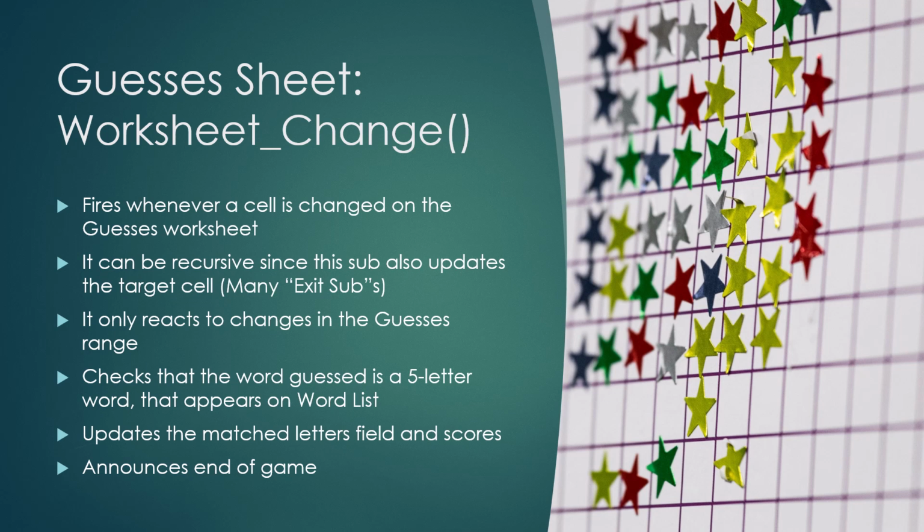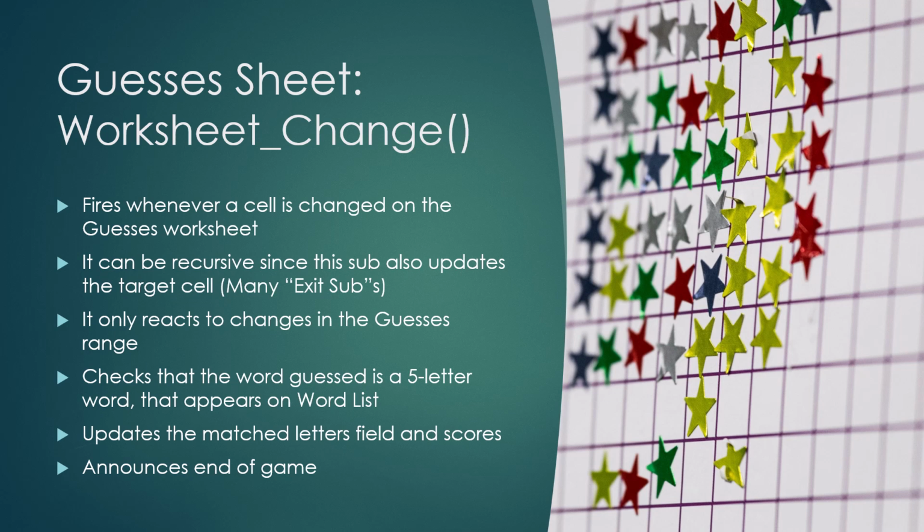So there's a lot of effort in making sure that the exit subs nested throughout this procedure are in the correct places so that when it calls itself, it can exit as quickly as possible without having to rerun too much code. It only reacts to changes that are in the guesses range.